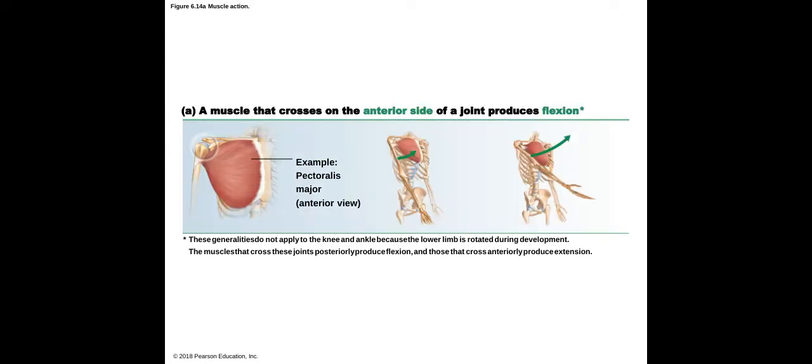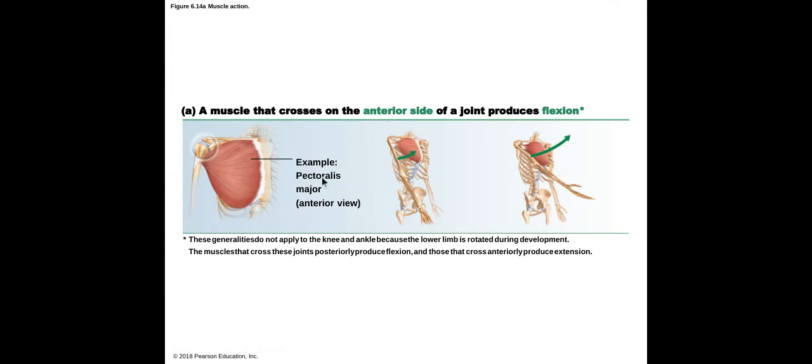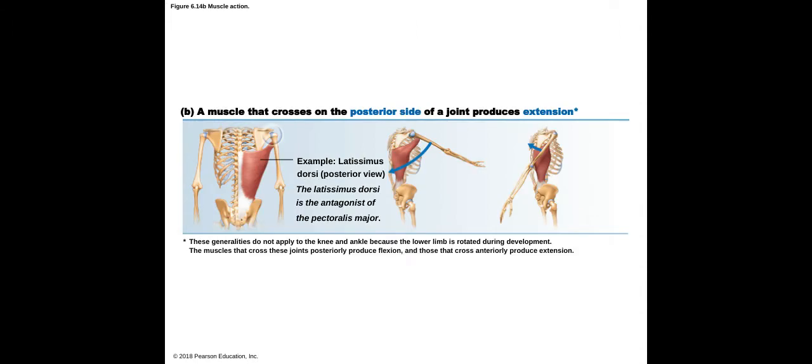Here is an example of a muscle that's crossing to produce a flexion. An example of a muscle would be the pectoralis major, the anterior view. A muscle that crosses on the posterior side would produce what's called an extension.